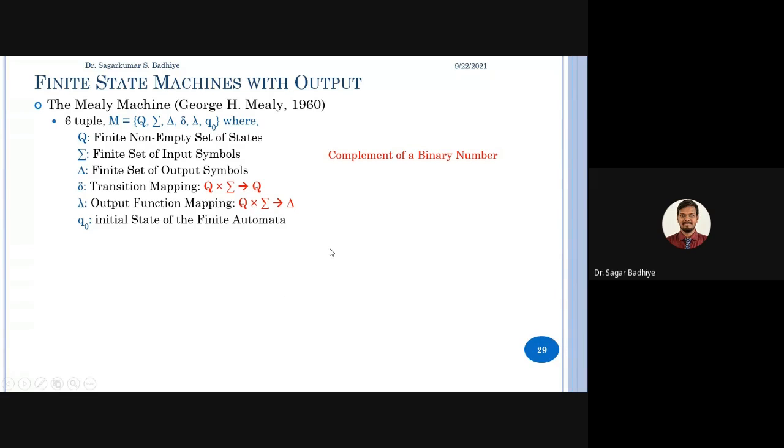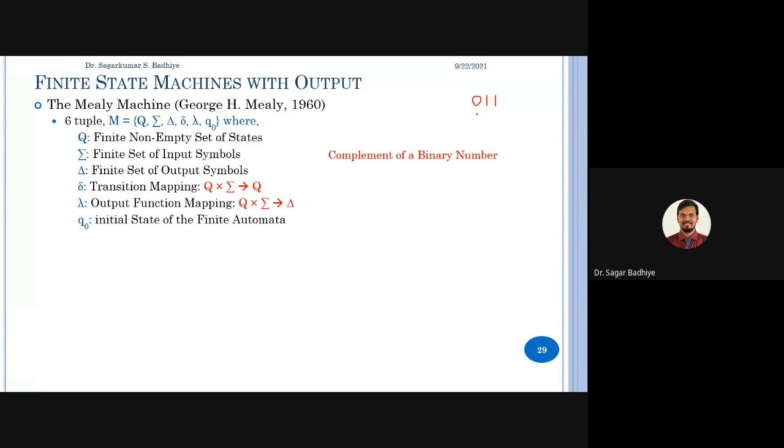Now, what is a complement of a binary number? If you consider a binary number like 0, 1, 1, then the complement of this binary number is nothing but the reverse of it. 0 is converted to 1 and 1 is converted to 0.